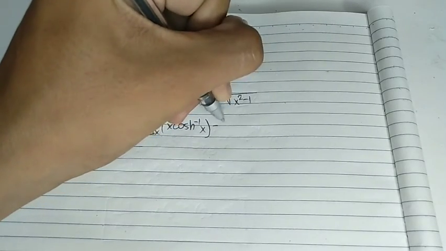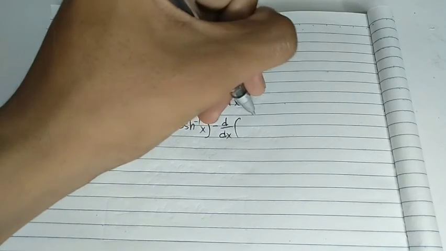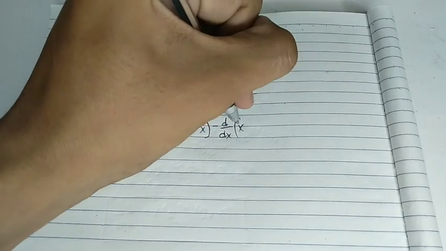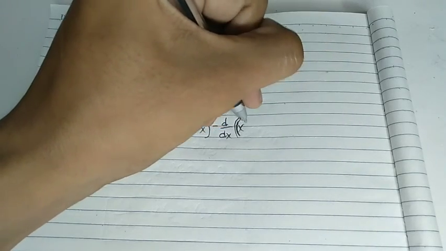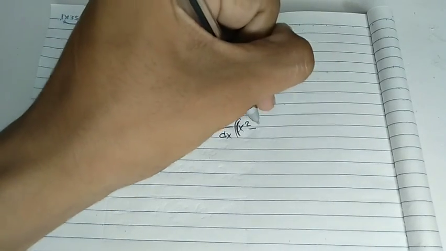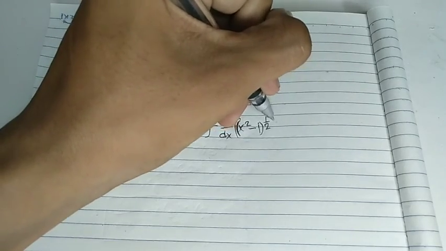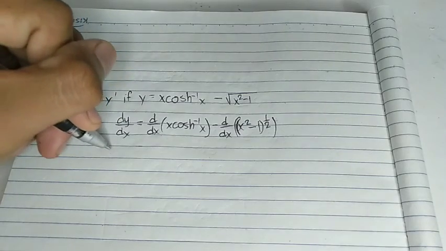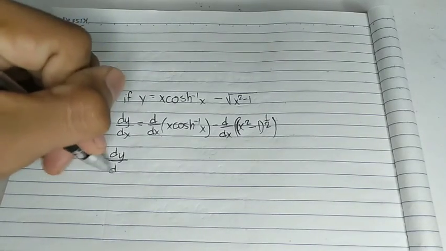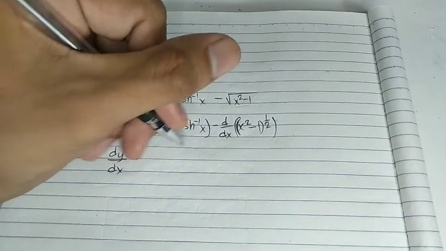So we derive this by using the product rule, and the square root of x squared minus 1, we can have in its exponential form as x squared minus 1 raised to the power of 1/2. So dy over dx is equal to the derivative of x arc cos x minus the derivative of x squared minus 1 raised to 1/2.